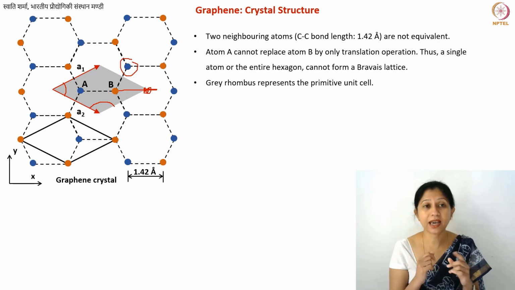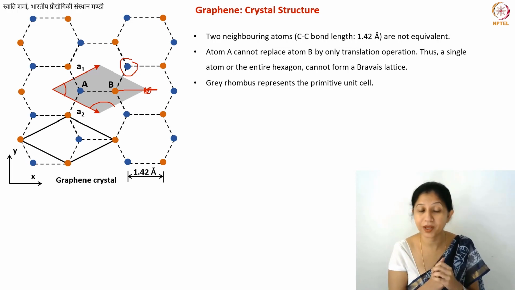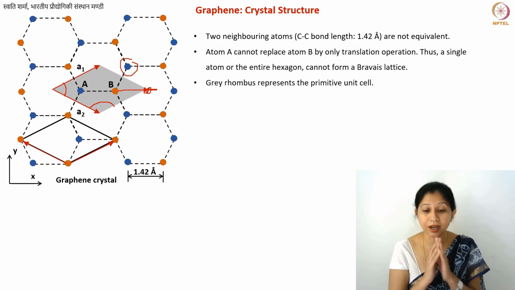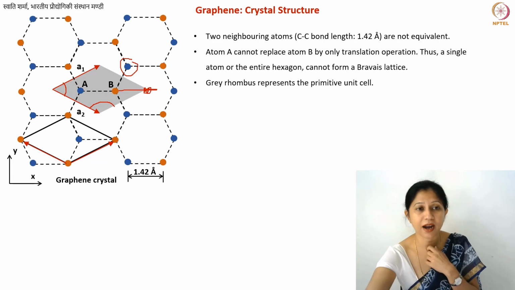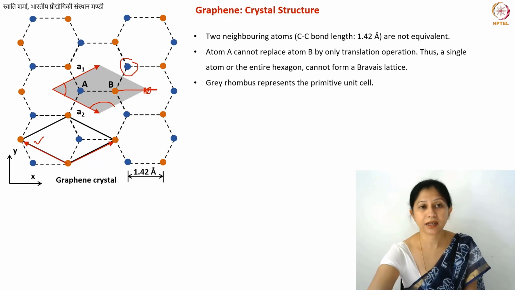You see A1 and A2 I have shown with the red arrows. These are the lattice vectors. Now, you will notice that here I have shown with these arrows that lattice vectors can also be taken this way. So again, in the literature, at some point you will find these 2 A1 and A2 lattice vectors, or you will find these kind of lattice vectors.